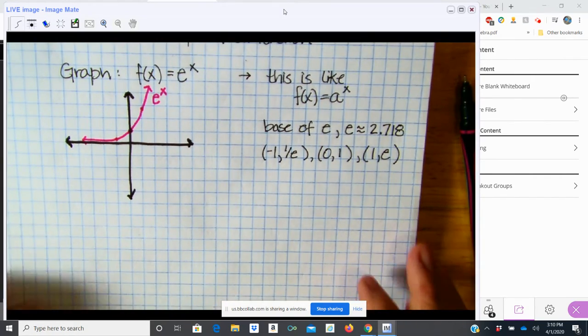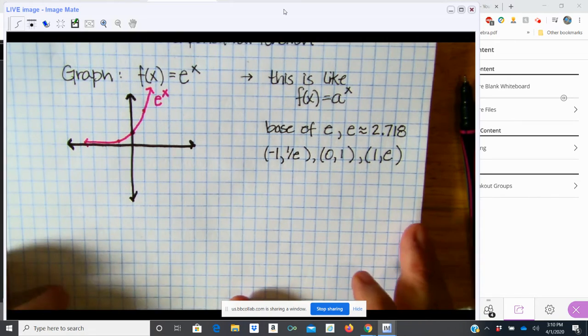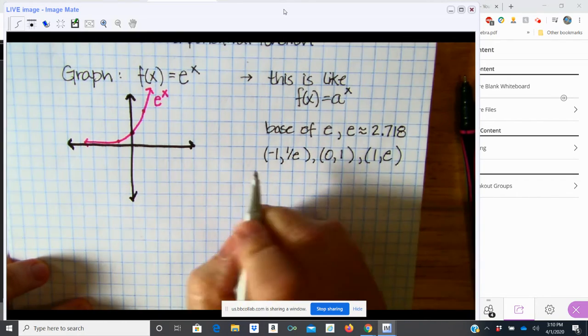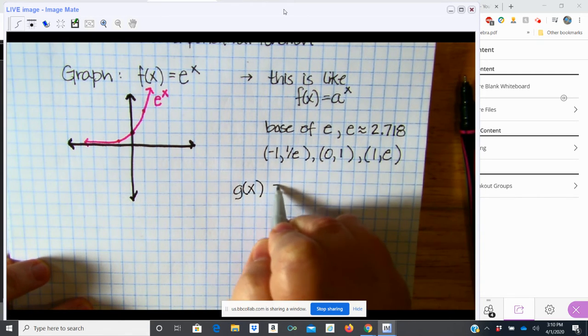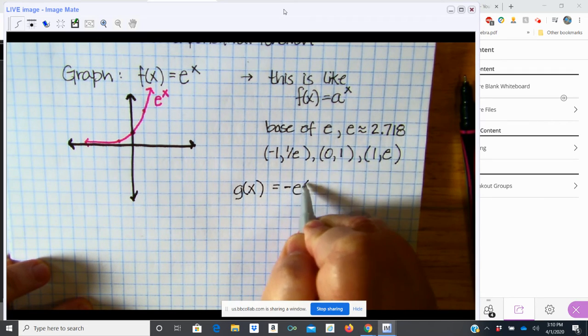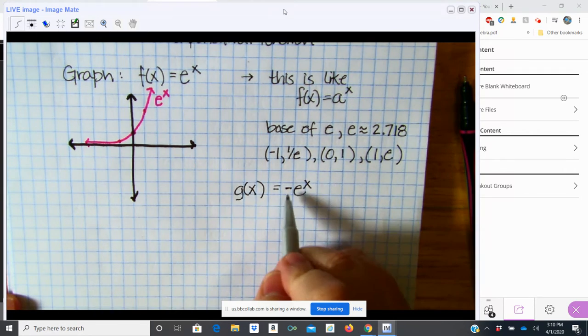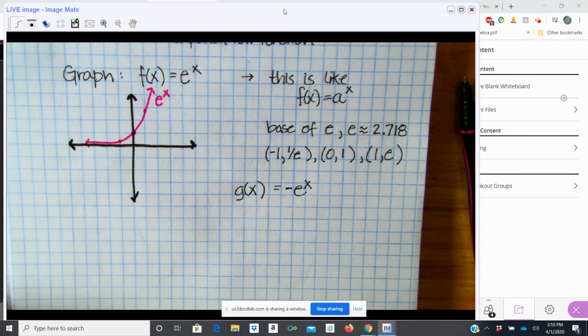Okay, now we want to use the same types of transformations as we have done before. So let's try a couple of transformations on this. If g of x is equal to a negative e to the x, what does this negative do in front of that e to the x?